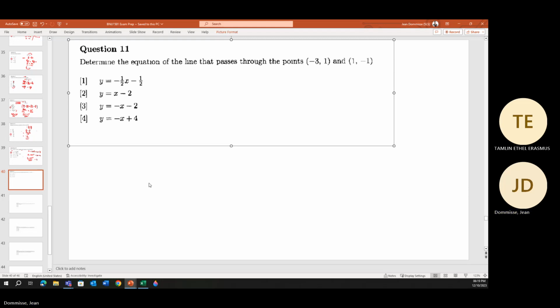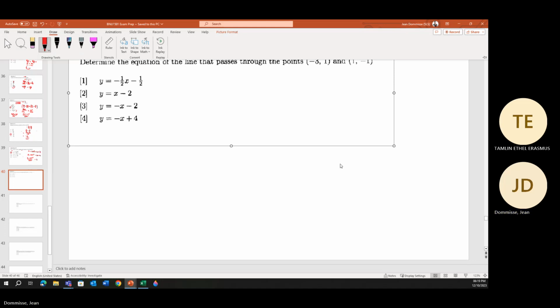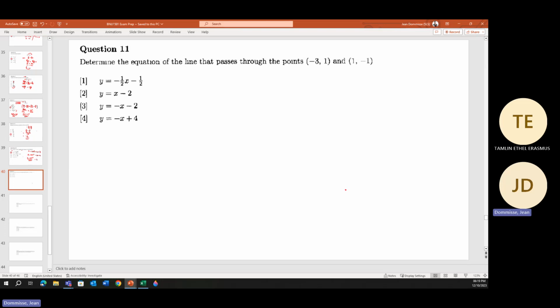In this one, we get two data points. I think that was nearly exactly the same as in one of the previous questions or papers. We get two points and we need to say which one of those equations goes through those points.